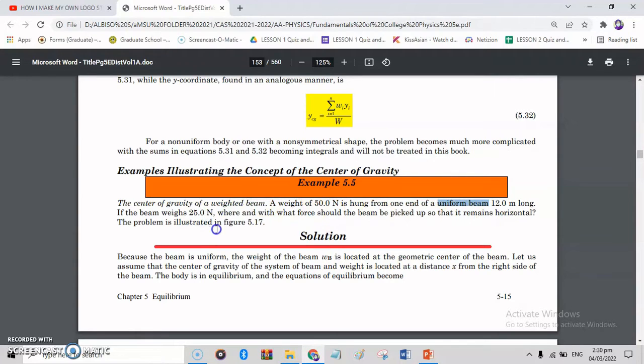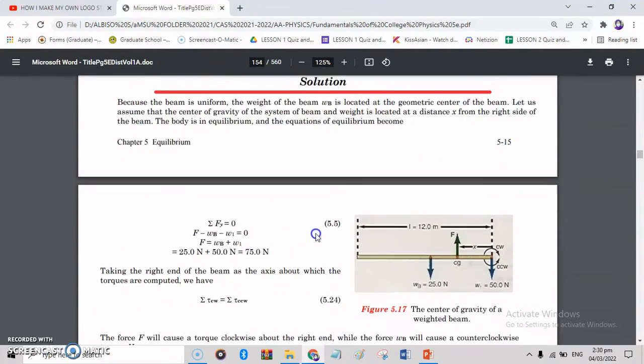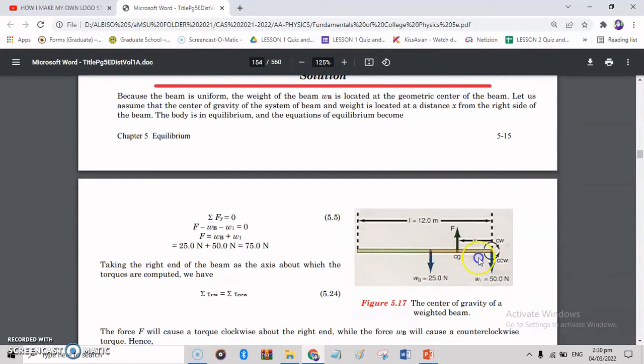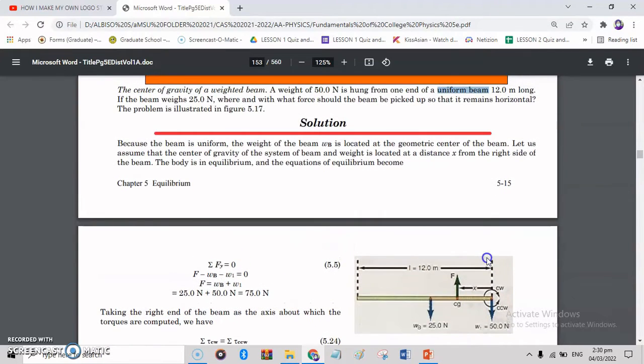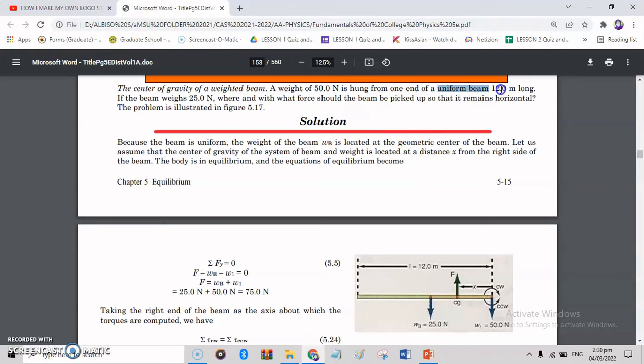The problem is illustrated in figure 5.17. This is the beam with a weight of 25 Newton, placed at the middle of the beam. It is 12 meter long, so the middle is 6 meter.